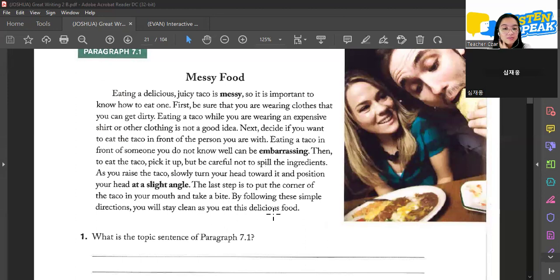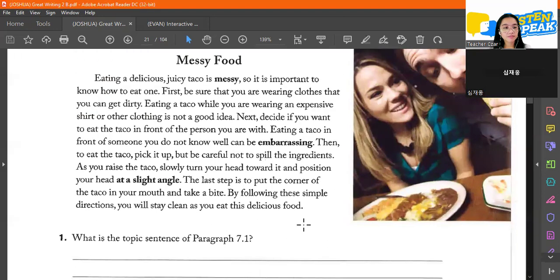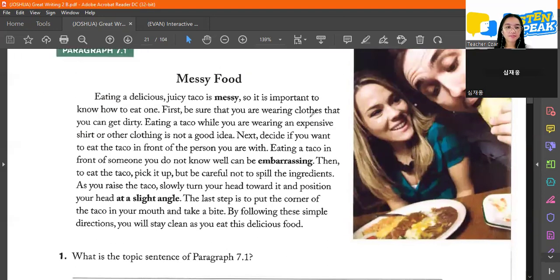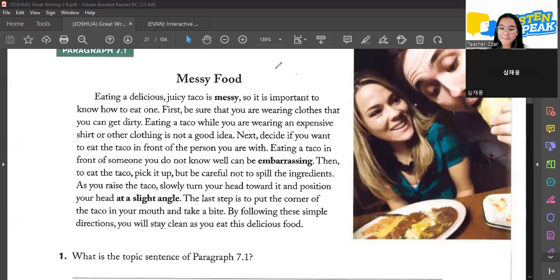Can you read this one? Eating a delicious, juicy taco is messy, so it is important to know how to eat one.